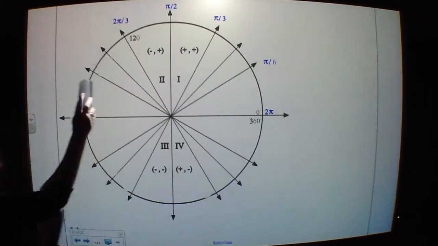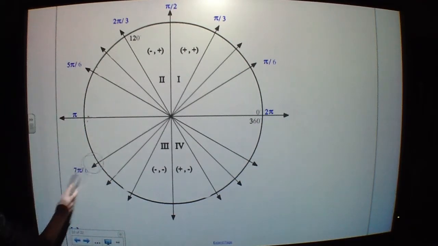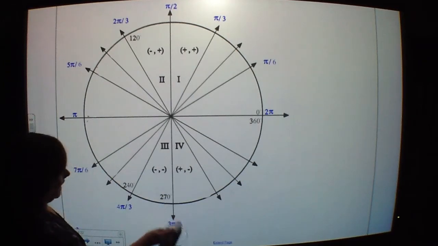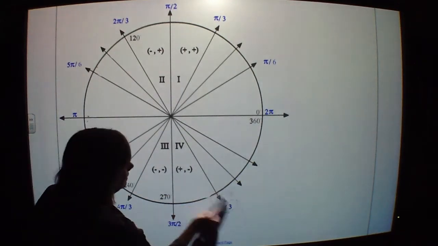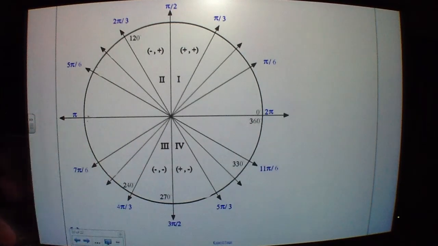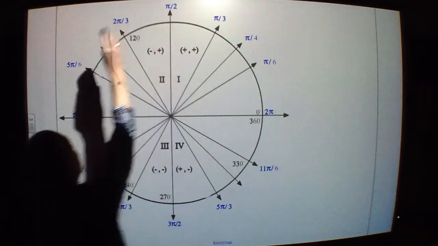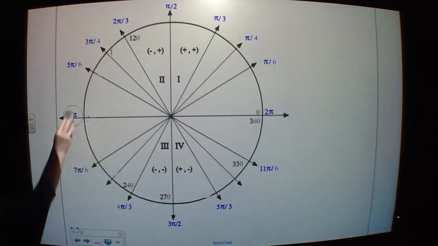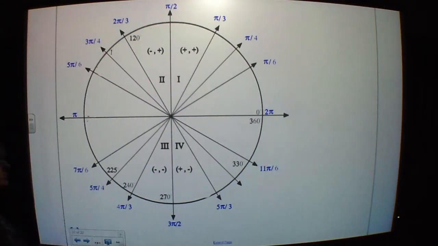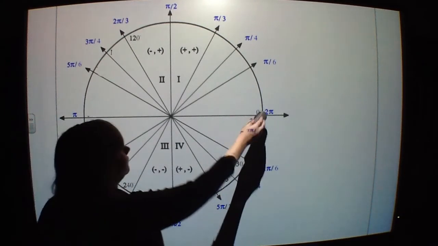This is 4/6 reduced. 5/6, 6/6, 7/6, 8/6, 9/6 reduced, 10/6 reduced, 11/6, 12/6. And then you could break it up into fourths: 1/4, 2/4, 3/4, 4/4, 5/4, 6/4, 7/4, 8/4.